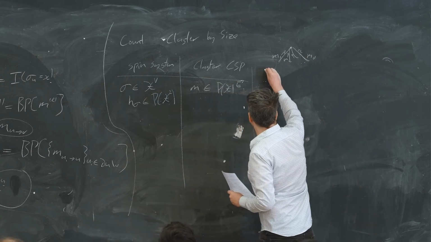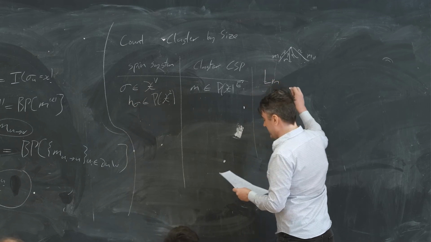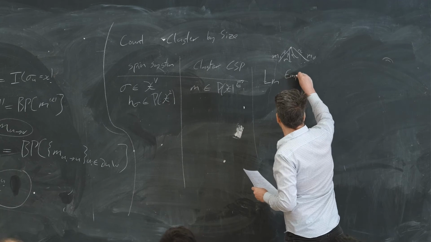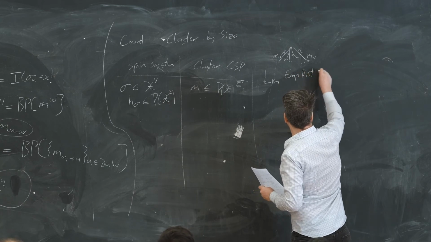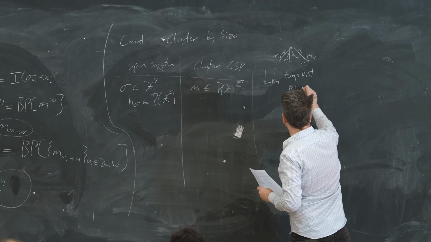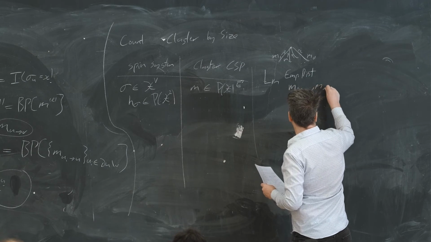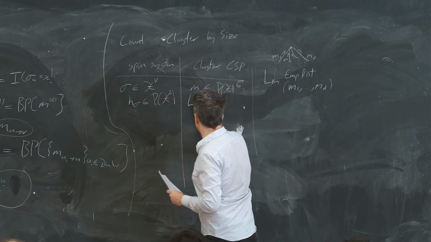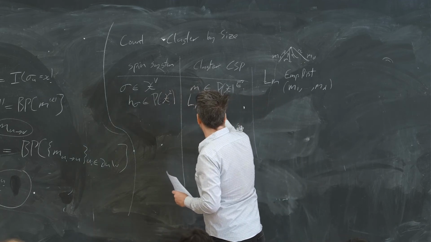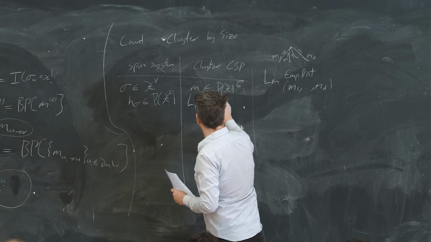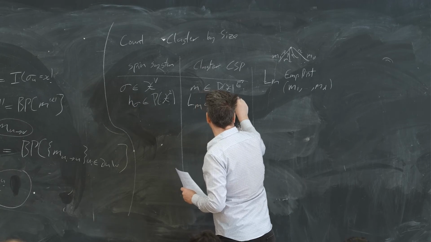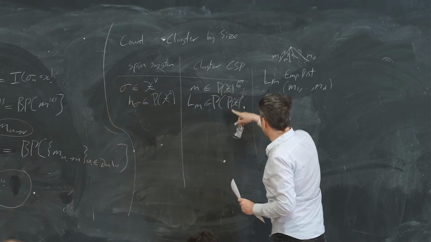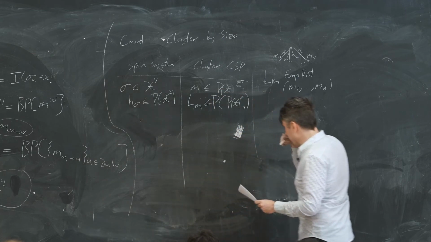So I'll write L(M) as the empirical distribution around a vertex of seeing M1 up to MD. So L(M) will be a probability distribution over D-tuples of probability distributions.